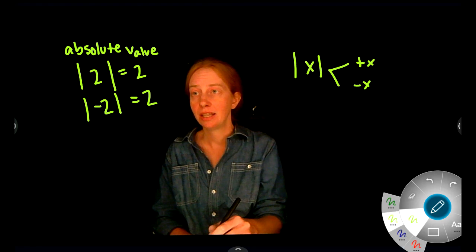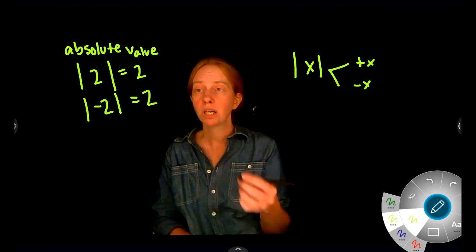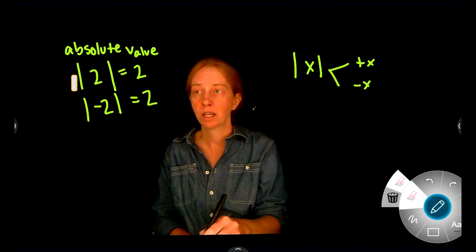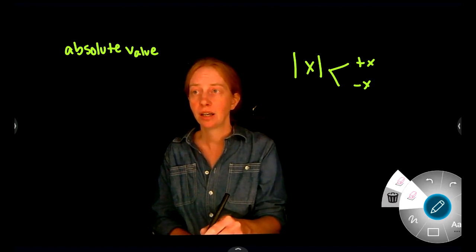Just like if the x was in here, we didn't know if it was positive or negative. So when we solve these kinds of problems, we're going to set up problems and do them essentially twice, which I know students are going to be grumpy about because you don't like doing double math, but that's what we're going to do.